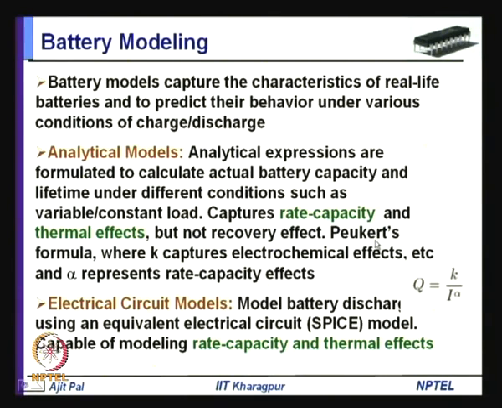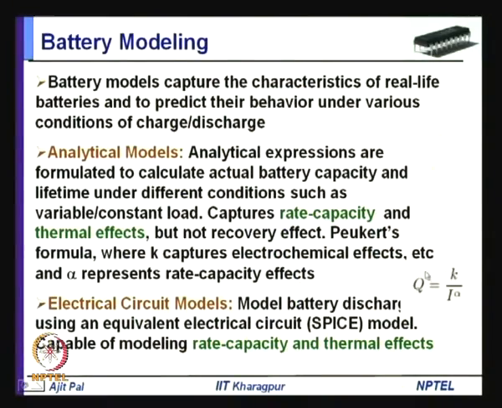Peukert's formula is represented by Q equals K divided by I to the power alpha. This simple formula was proposed by Peukert to model the battery, where K captures the electrochemical effect. That means, battery is essentially an electrochemical device, and those electrochemical effects have to be taken into consideration, and they are taken care of by this parameter K. For different batteries, the value of K will be different, and alpha represents the rate capacity effects.